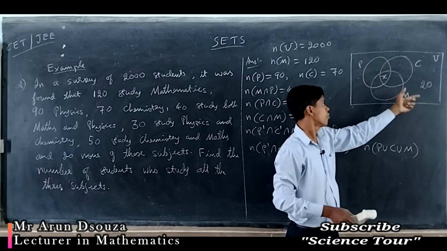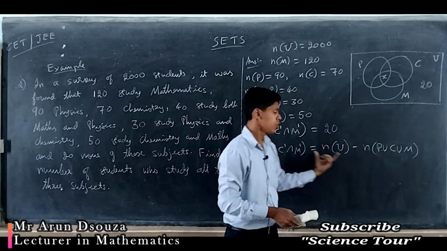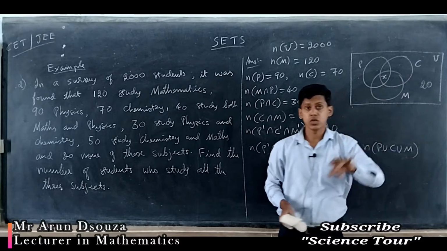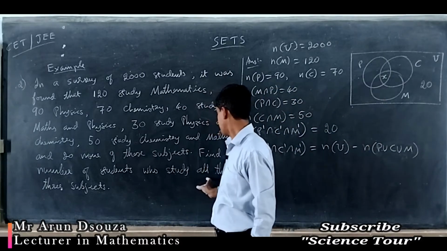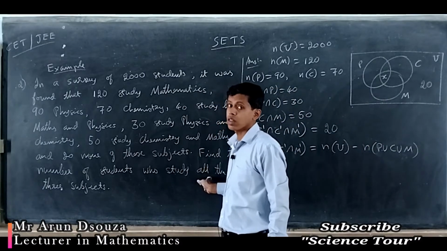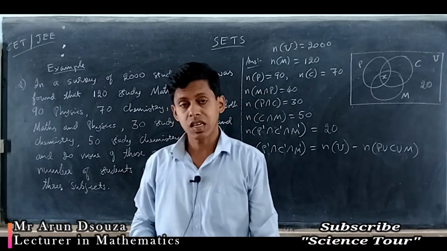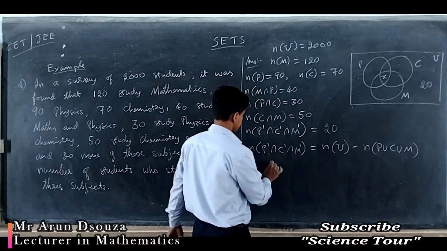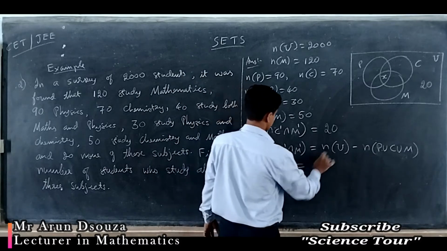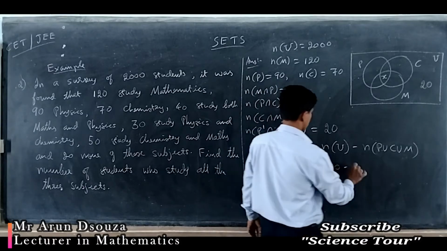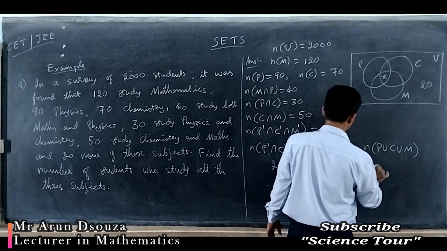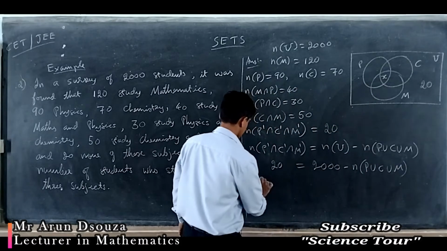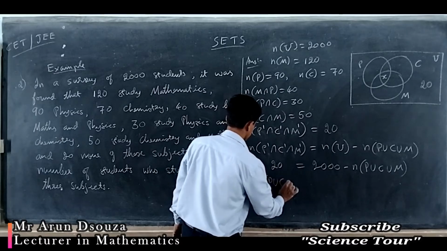So now we know the universal 2000, we know this is 20, we can find the union. If you find the union, we can find the intersection of all the three. See, if you have the union, we can find the intersection using the formula. We'll see how. Now see, this is 20 and this is 2000, and this will be P union C union M. Now what is this P union C union M?